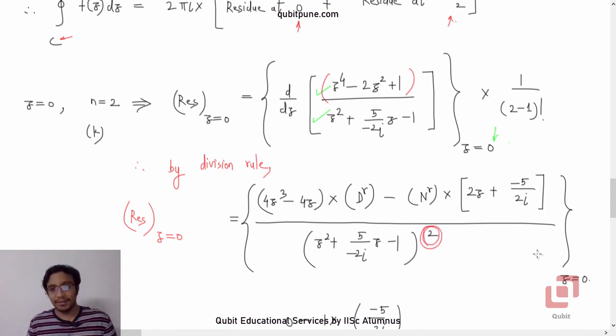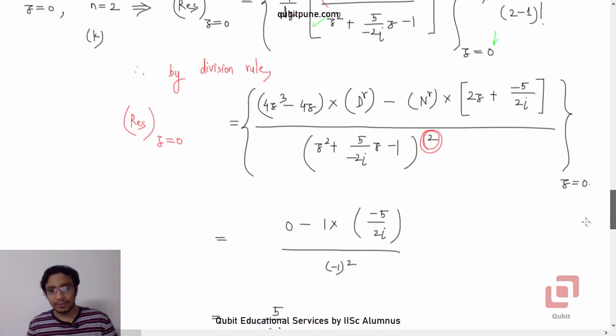Let us substitute z equal to 0, the denominator will be 1. Now go to the numerator. As I have already told you, there is no need to consider the first term because of this 4z cubed minus 4z. z is present in every term, so it is 0.